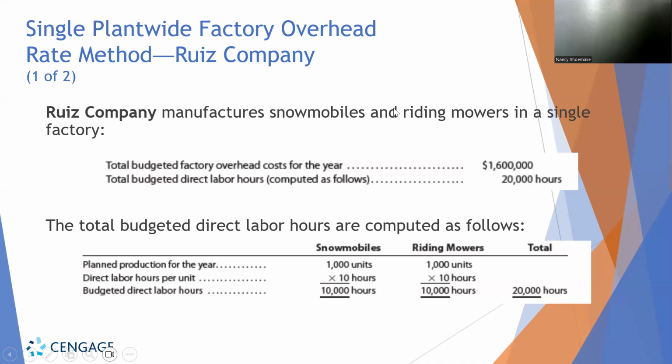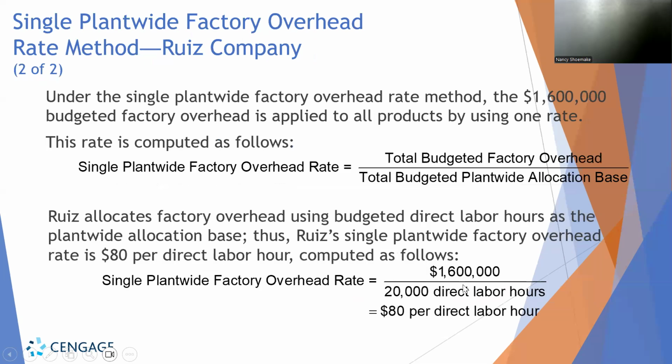So Ruiz manufactures snowmobiles and riding mowers in a single factory. We've got our budgeted costs and our budgeted labor, so we come up with a predetermined rate. Direct labor hours are 10 hours per snowmobile and 10 hours per riding lawnmower. So it's pretty equitable. Each one needs a certain amount of man hours. We estimate our labor hours based on what each unit is going to require.